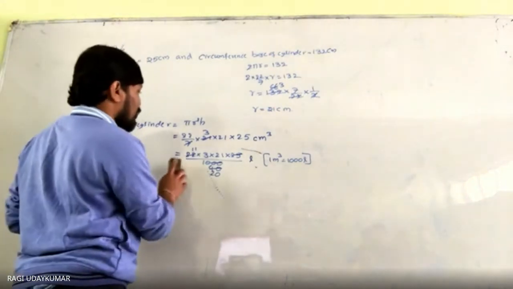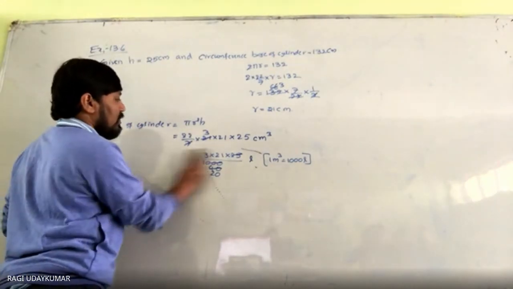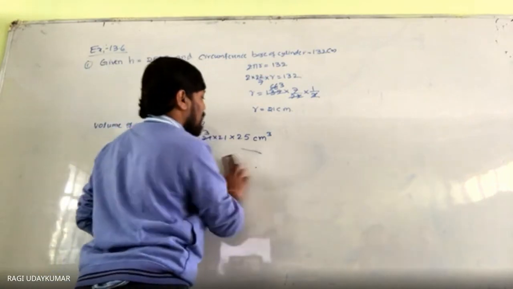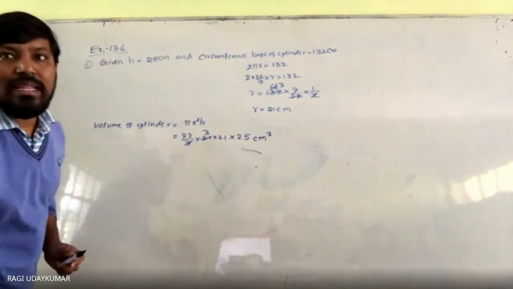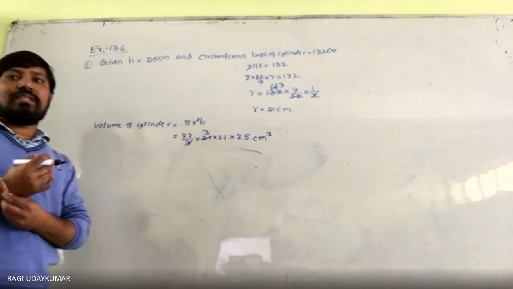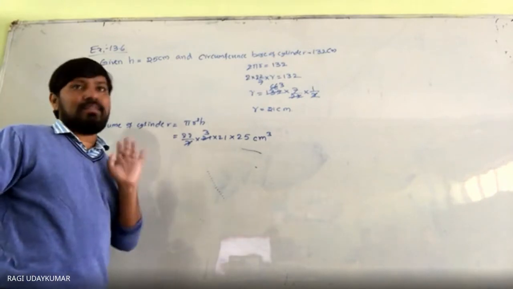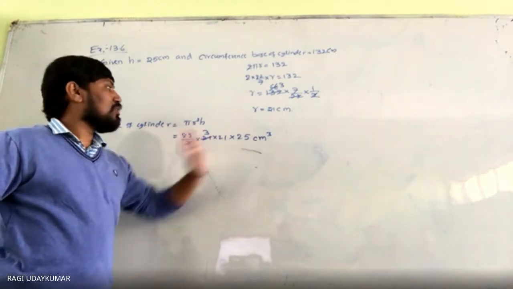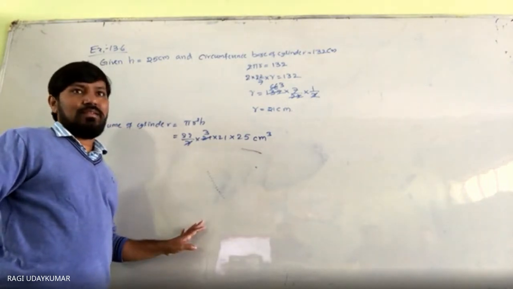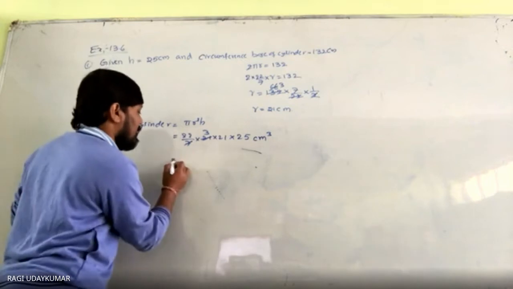So the value you are going to get is in centimeter cube. But we need it in liters. How many liters of water it can hold is the question. So 1 centimeter cube is equal to 1 milliliter. So directly you can write this as milliliters.